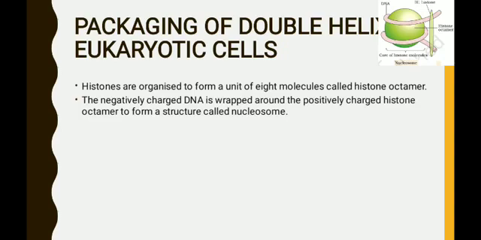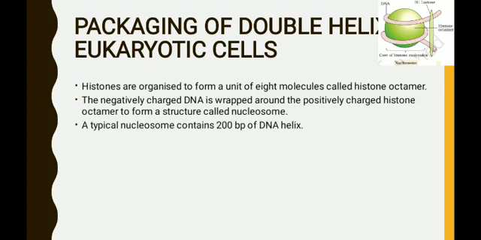The negatively charged DNA is wrapped, wrapped means coiled, around the histone octamer. The negatively charged DNA is wrapped around the positively charged histone octamer to form a structure called a nucleosome. So the histone octamer coiled with the DNA forms a structure called a nucleosome.